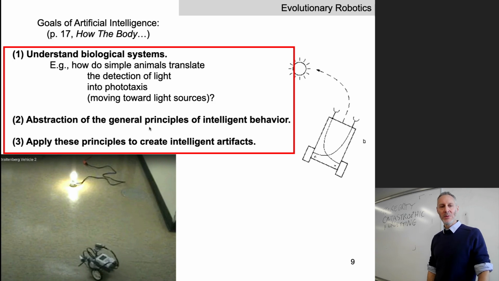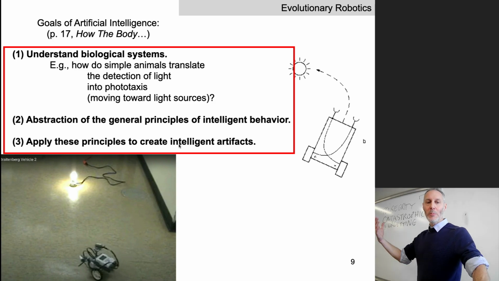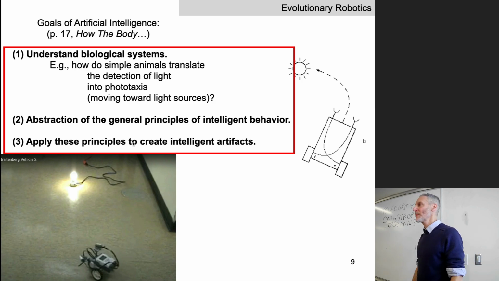Maybe yes, maybe no. If we can start to abstract out the general principles of intelligence, meaning kind of write down a formal definition of what intelligence is, maybe we can go back and build it into machines that act safely and autonomously on our behalf. So here's the biologists, here's the scientists, the philosophers, the psychologists, the neuroscientists, and here's the engineers. Different folks working in AI and robotics have very different goals.